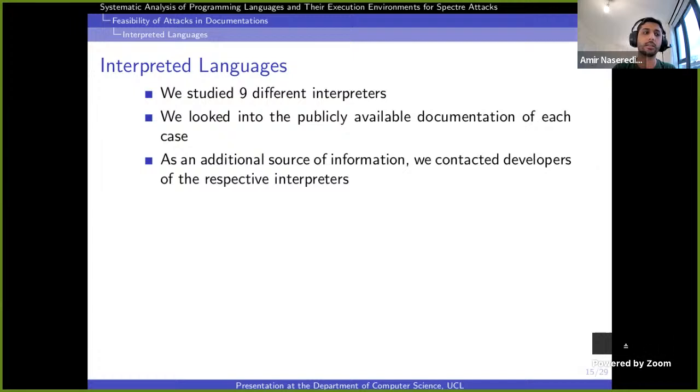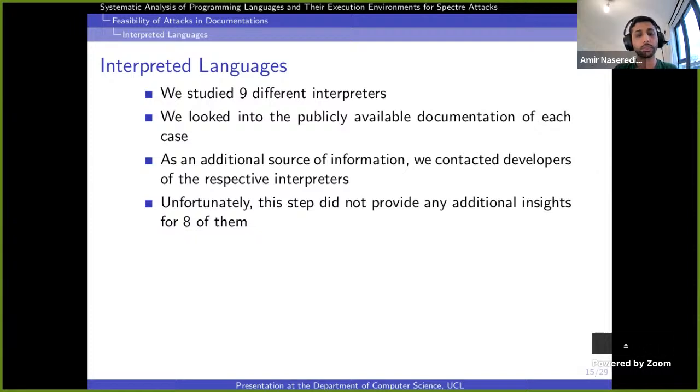As an additional source for our studies, we contacted developers of the interpreters to get some information by direct communication. But again, unfortunately, we were not able to gather information for 8 out of 9 interpreters.